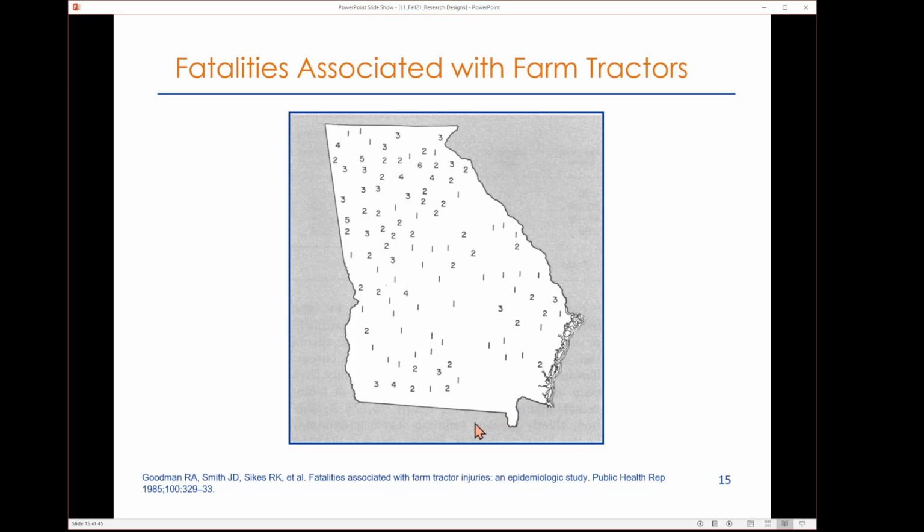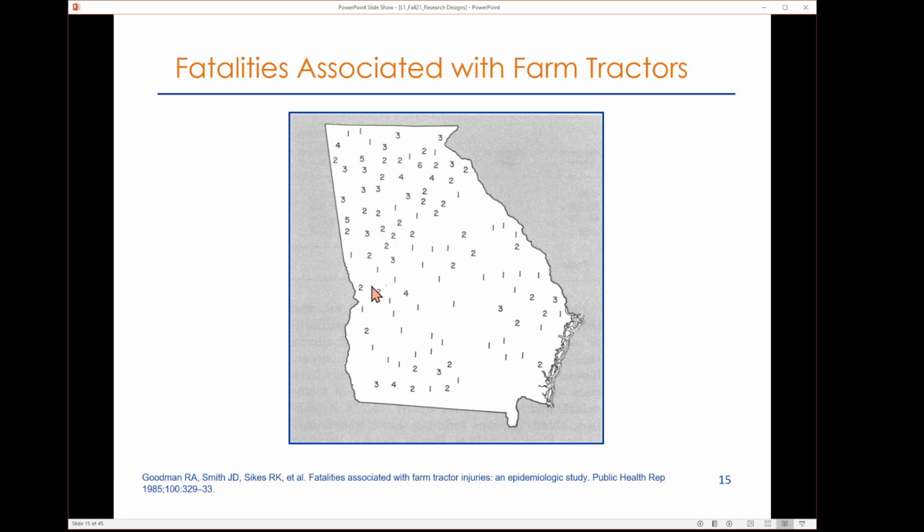If you see this diagram, these numbers indicate the number of tractor incident deaths in different counties in Georgia. And just looking at this one, you can see that most of the incidents occur in this area, the northern part of Georgia.